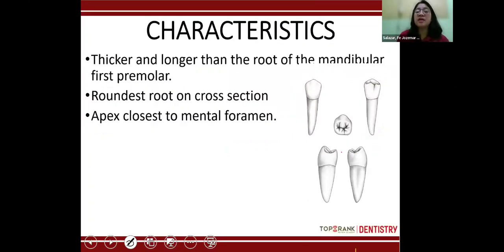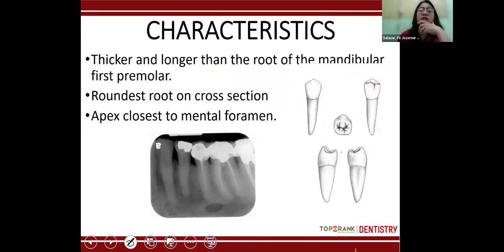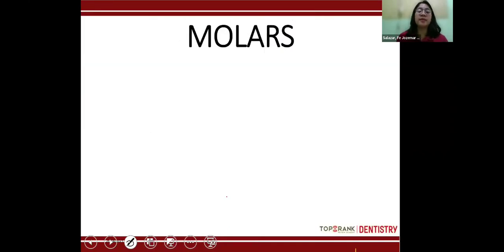The root is thicker and longer than the root of the mandibular first. It has the roundest root among premolars on cross-section, and the apex is close to the mental foramen.